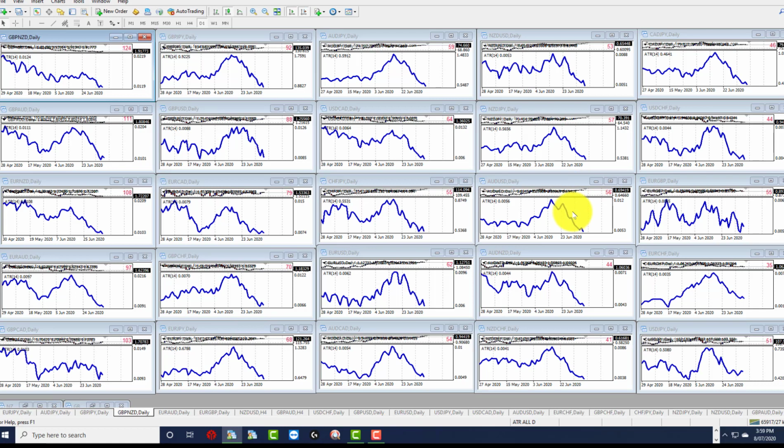So again, what that means to us is that if we are trading EAs that rely on trending markets, we're not going to make any money because there are no trends in the market. The biggest movement on the whole day is only 50 pips. It's terrible. Even manual traders are going to battle to find trends in this kind of market.